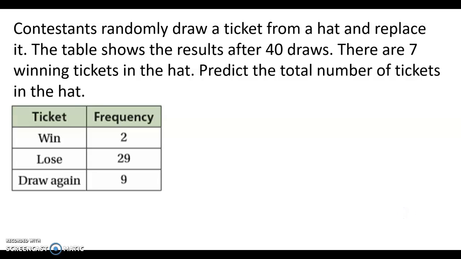Alright. Contestants randomly draw a ticket from a hat and replace it. The table shows the results after 40 draws. There are 7 winning tickets in the hat. Predict the total number of tickets in the hat. This one's a little different. So we know that they did the experiment 40 times. And we want to, let's see, winning tickets. So I would say there are 7 winning tickets.